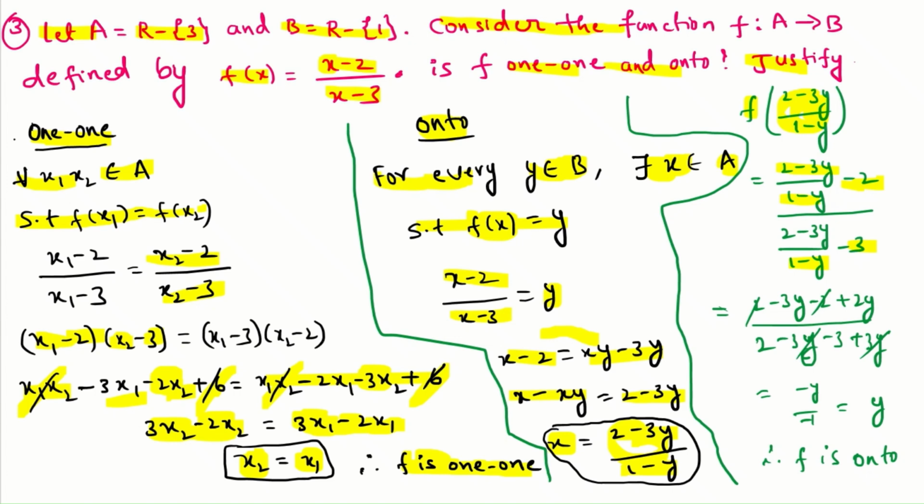Then we are left with 2 minus 3y minus 2 plus 2y divided by 2 minus 3y minus 3 plus 3y. Then everything will cancel, minus y by minus 1. Then we are left with y. Therefore, f is onto function. We proved that f is one-one and onto function.